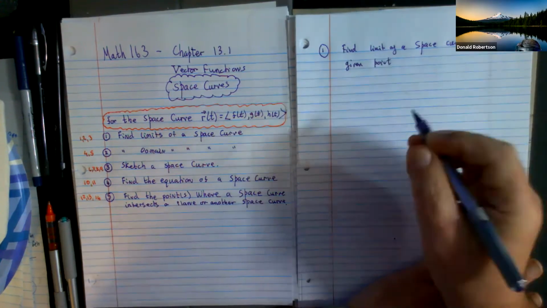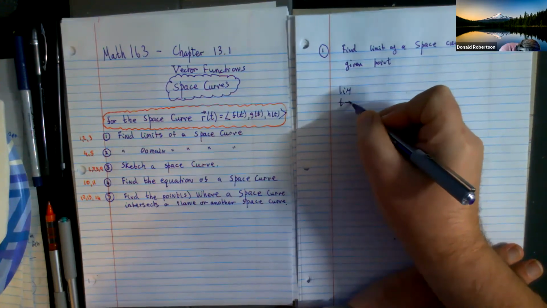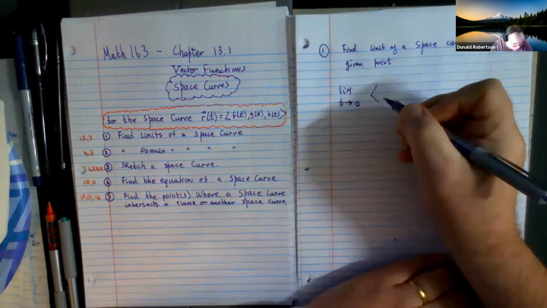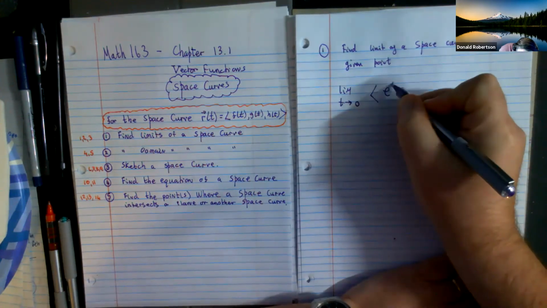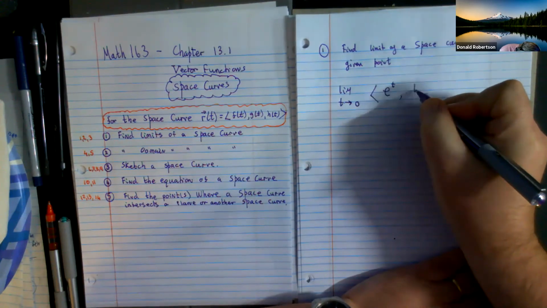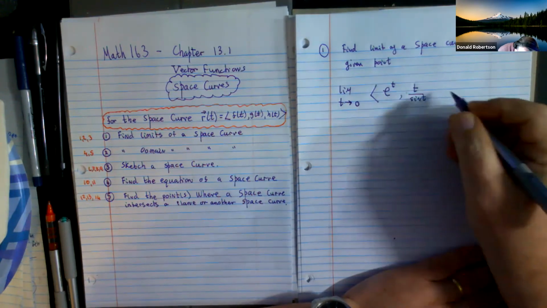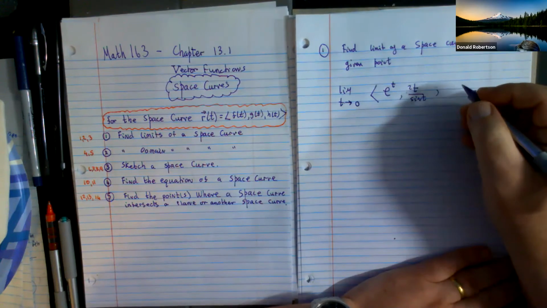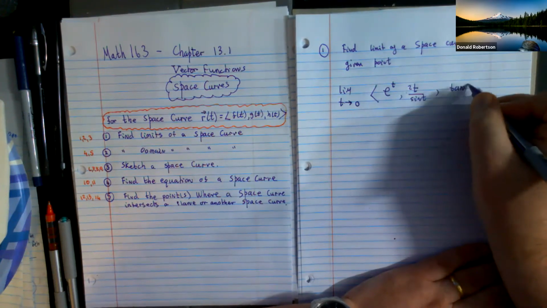So it might look something like this. Find the limit as t tends to 0, and the space curve is going to be e to the t, 2t over sine t, and tan of t.